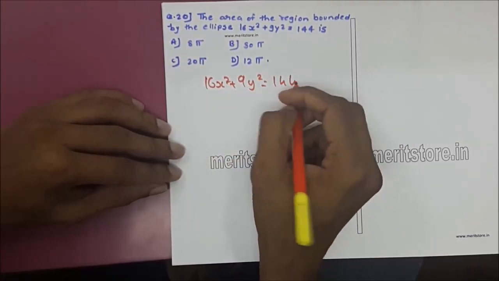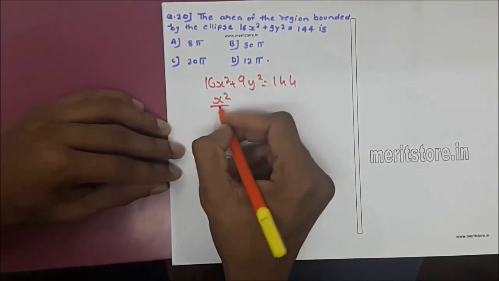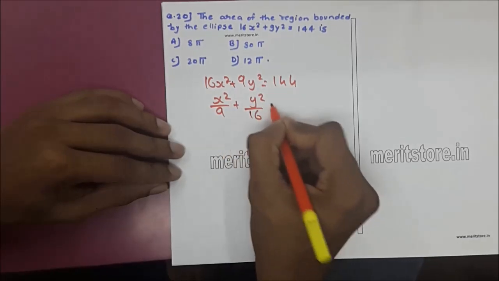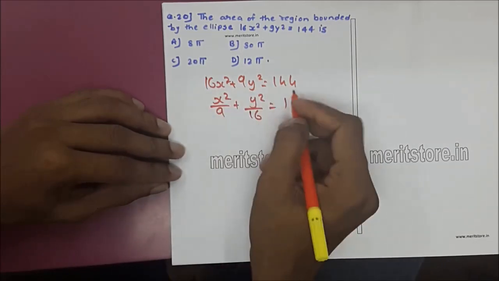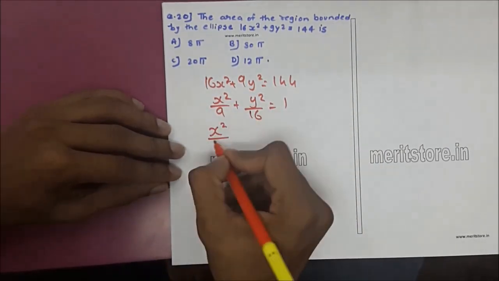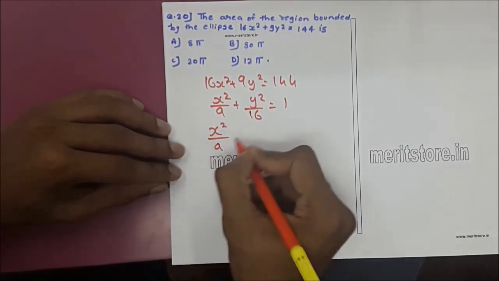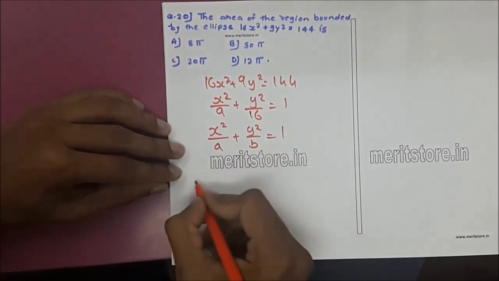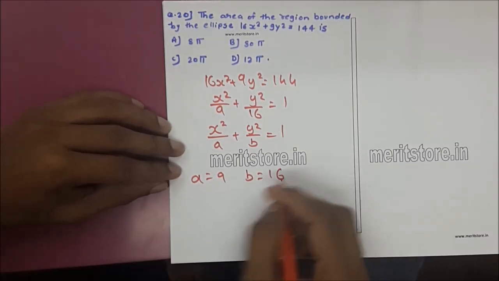We divide by 144 on both sides, we get x square upon 9 plus y square upon 16 equal to 1. If we compare the equation with the standard ellipse equation, that is x square by a square plus y square by b square equal to 1, we get a is equal to 3 and b is equal to 4.